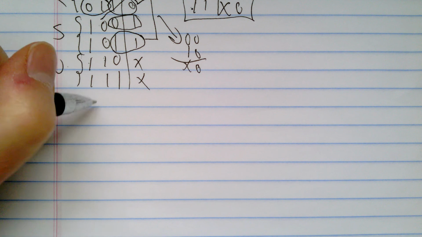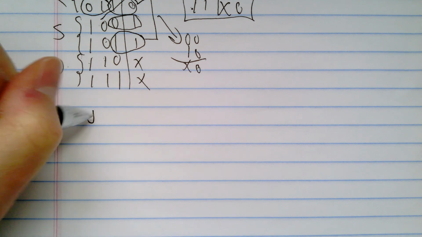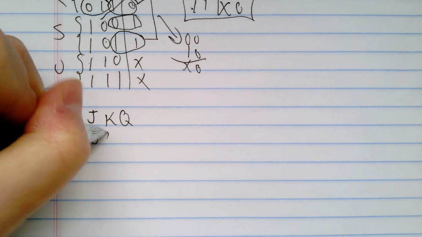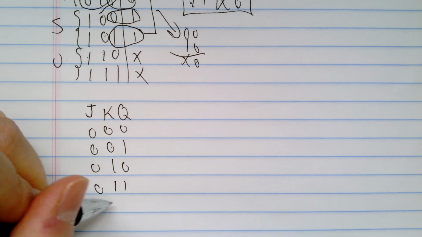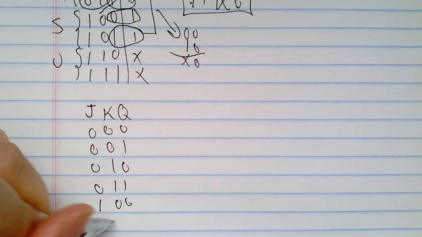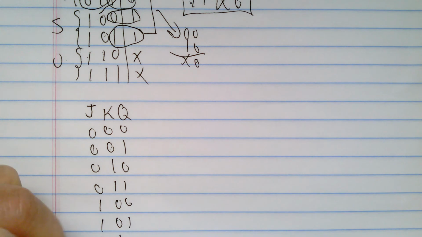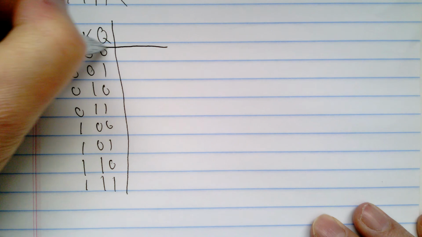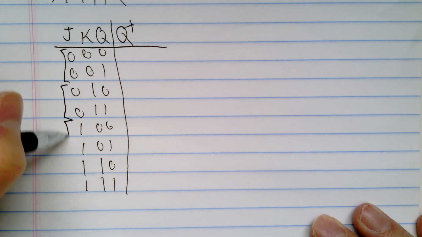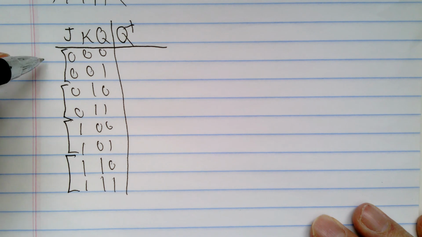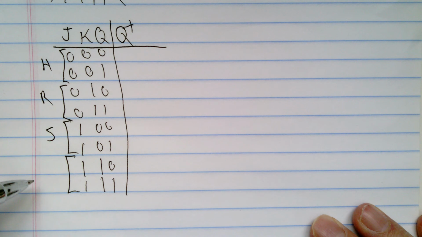We can now do the same thing for the JK flip-flop. And that's just like the SR flip-flop: a hold state, a reset state, a set state, and then, instead of unstable, you go into a toggle state.